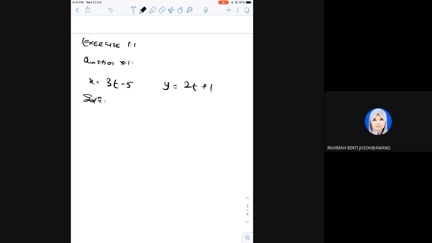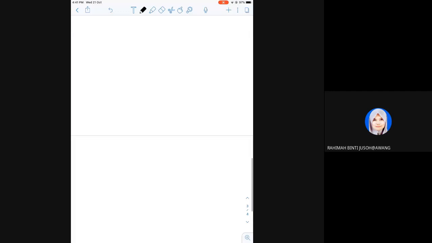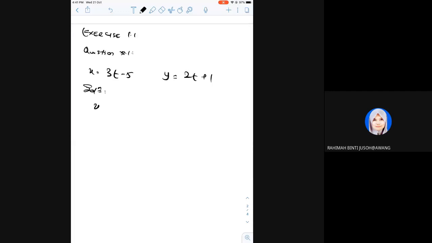So from x we have x equals 3t minus 5. So 3t equals x plus 5, right? So we have t equals x plus 5 over 3. Now we need to substitute this in y.